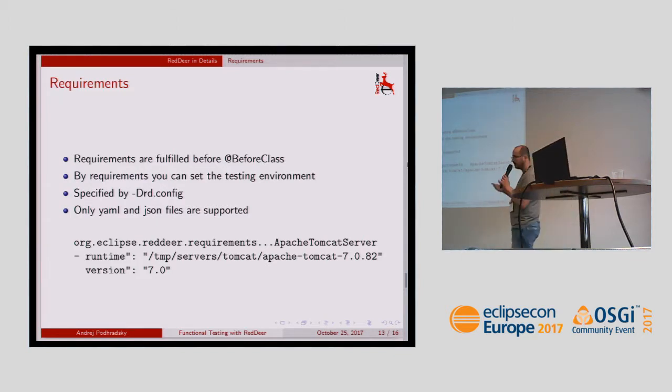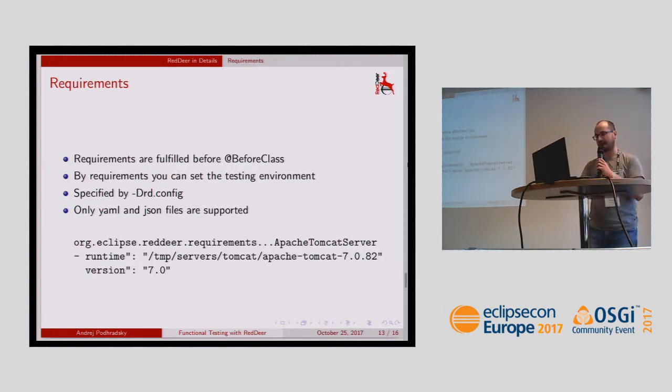You can define your server in an external file. At the moment, we support YAML or JSON files. Here is an example. The first line is our class, and then you can just specify key and value lines. These values are then mapped to the class you have specified on the first line.